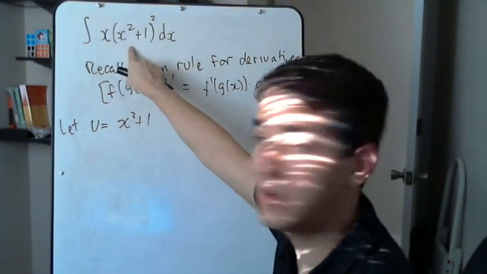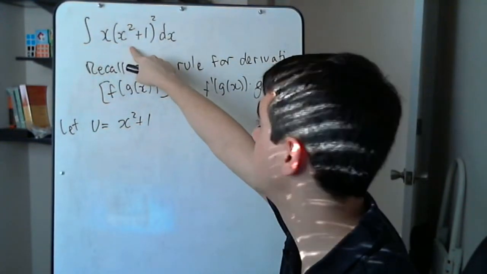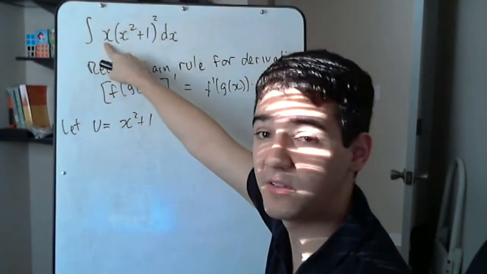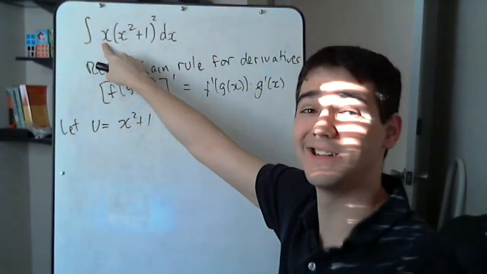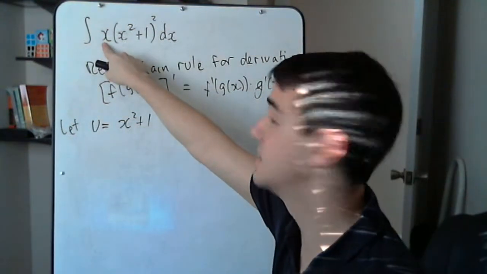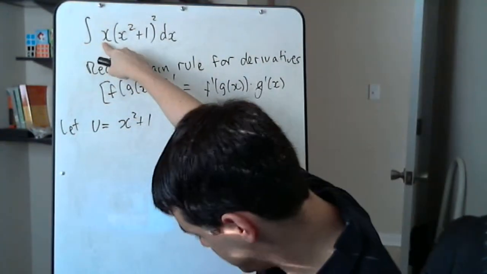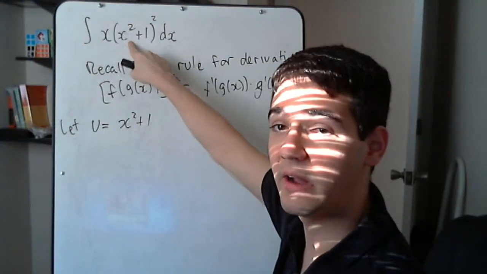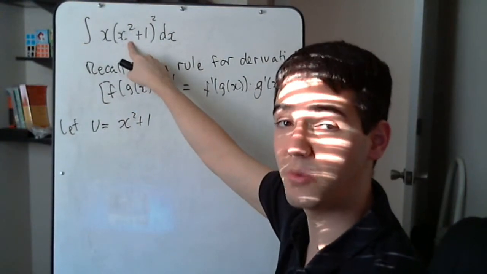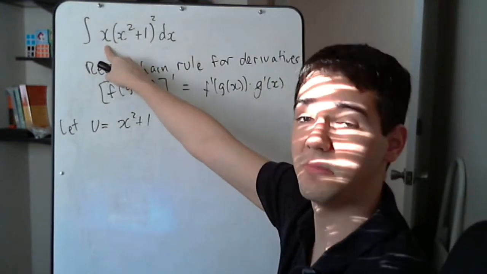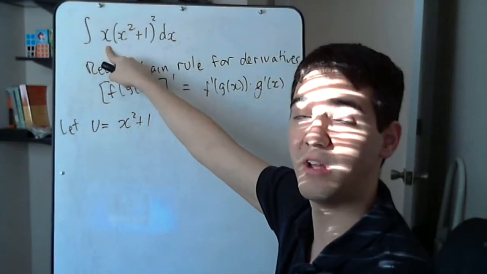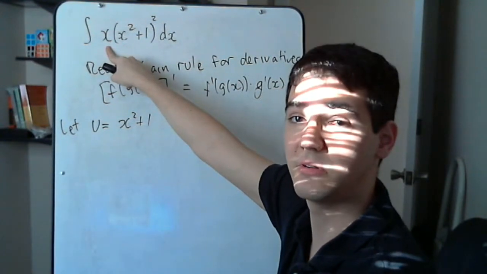That means the derivative of this must match or have a common factor to this, which means a constant factor, no variables. If I said this was x cubed, and I took its derivative, this would be 3x squared, and that doesn't have a constant common factor with just x.